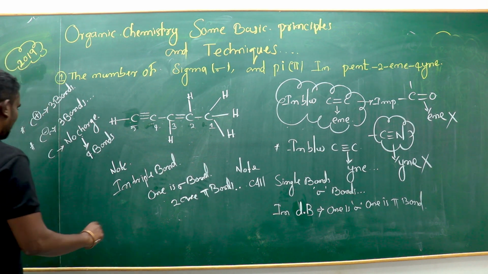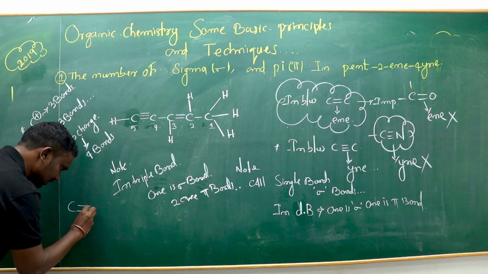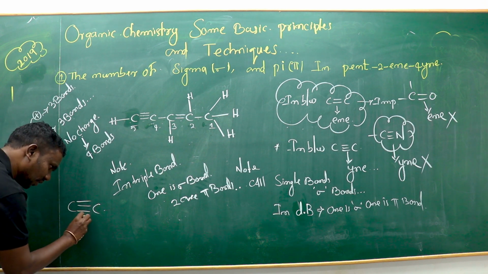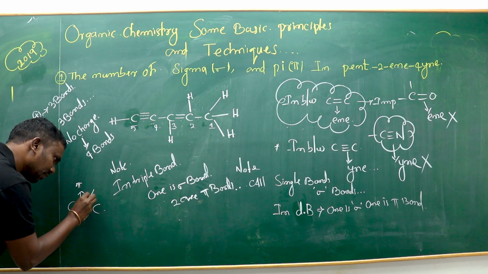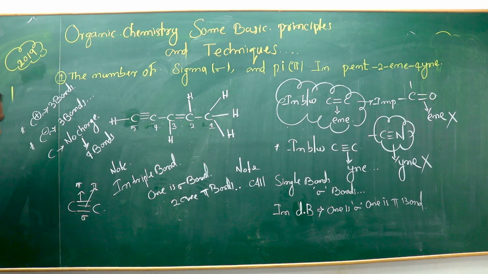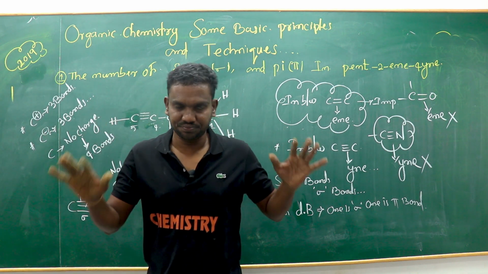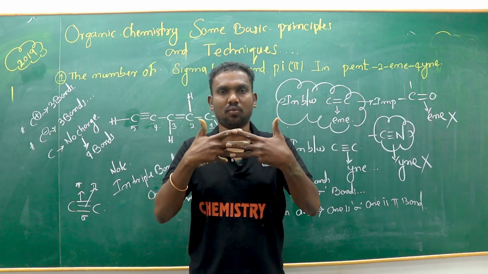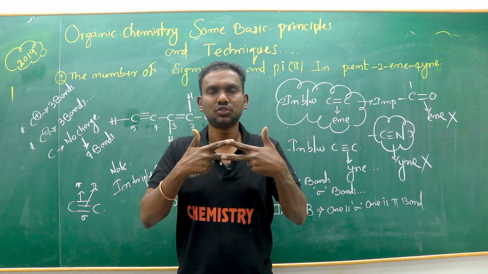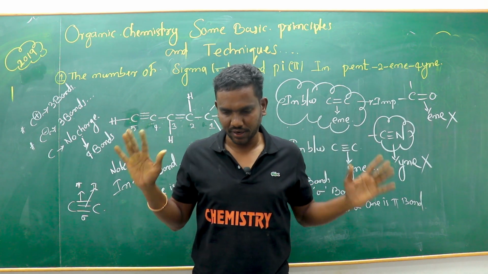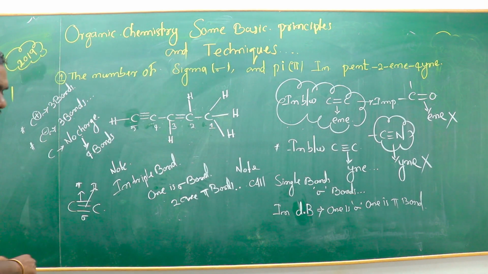That means, observe carefully here. If it is like this, beta ji, this is one sigma bond. This is one pi bond. This is another pi bond. कहने का मतलब, बेटा जी, सुनो, ध्यान देना, in a triple bond, one is a sigma bond, two are pi bonds.